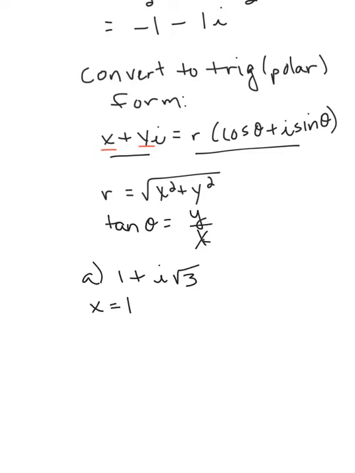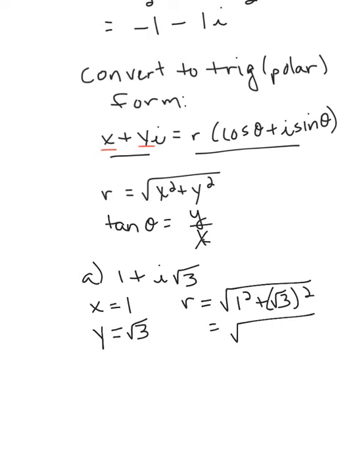The coefficient with the i is the square root of 3, so that is the y. In order to find r, we're going to do the square root of x squared plus y squared. That's going to give us the square root of 1 plus 3. Square root of 4 is 2. So now we know r.